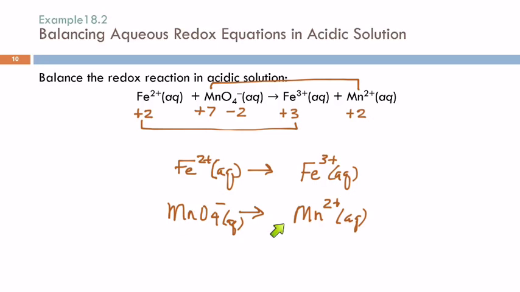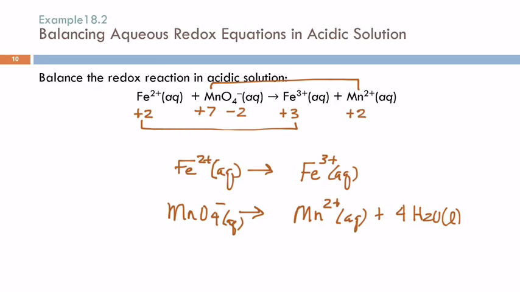The manganeses are fine. But there's oxygen here and there's no oxygen there. So we balance oxygen by adding water molecules as appropriate. Well, we've got 4 oxygens here, so then I need to add 4 water molecules on the right side so that I can account for the oxygen.